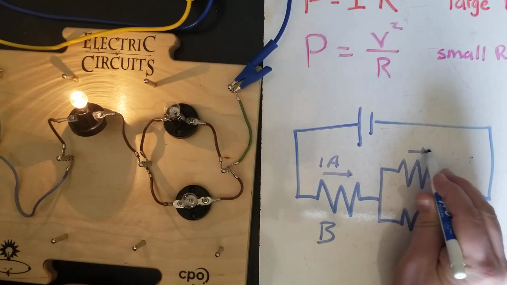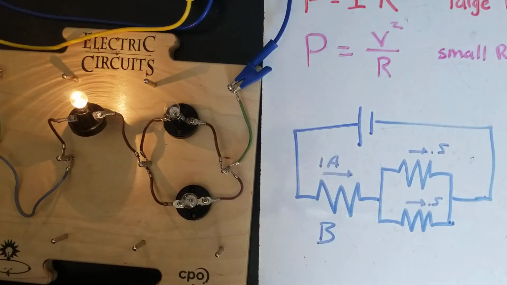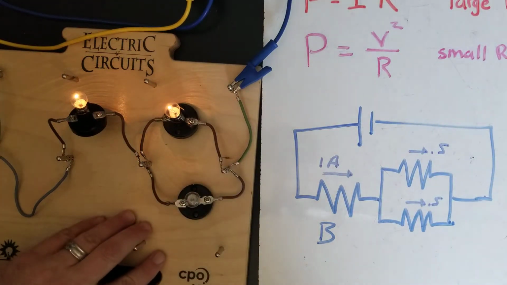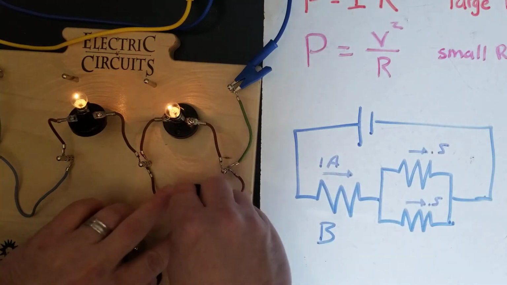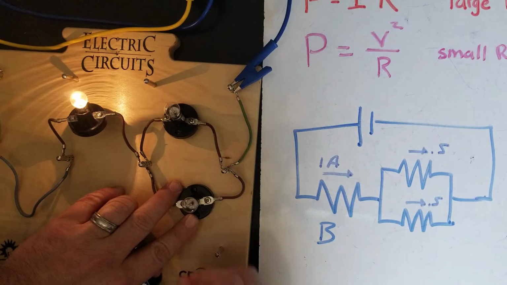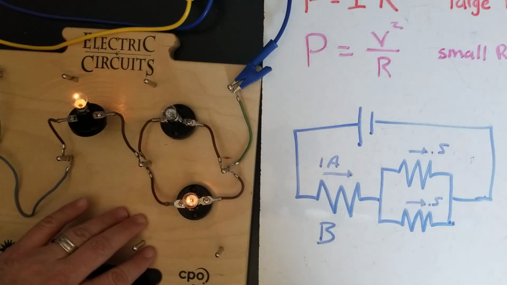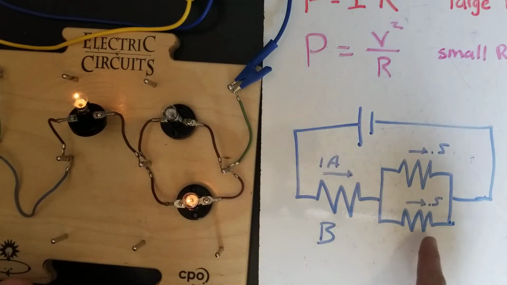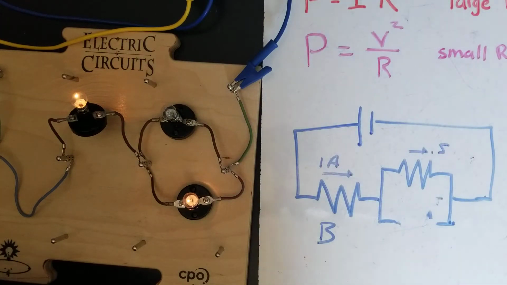So 0.5 and 0.5. When we take this one out of the circuit, now all the current that goes through this one has to go through this one and vice versa. So if I were to screw that one back in and then remove this one, I end up with that same series circuit. However, notice that this one gets dimmer, because by removing a resistor in parallel, I am increasing the equivalent resistance of the circuit.